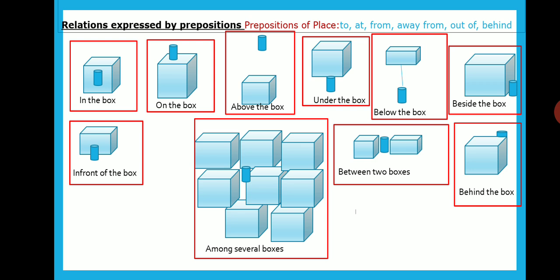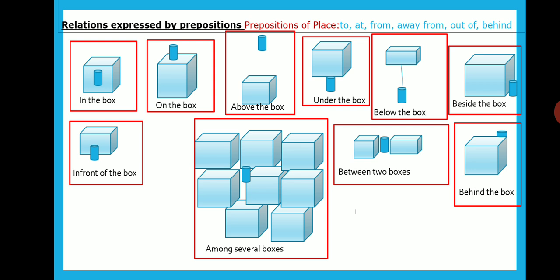I am not describing all these prepositions. It will be too much for you. So we'll discuss three important preposition relations covered in your textbook: prepositions of place, prepositions of time, and prepositions of position or movement.